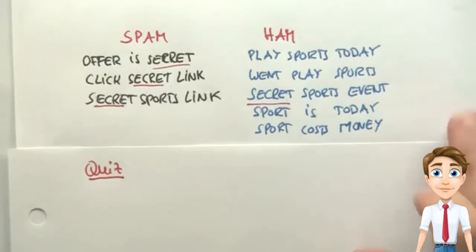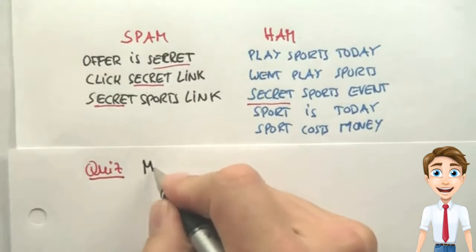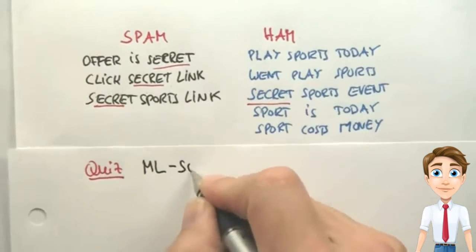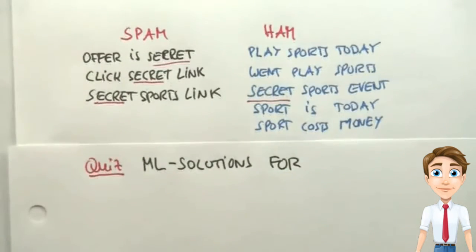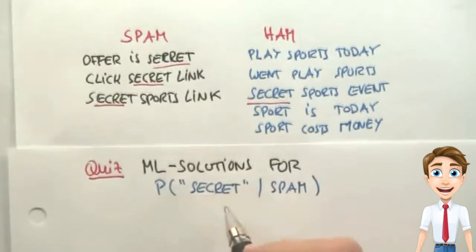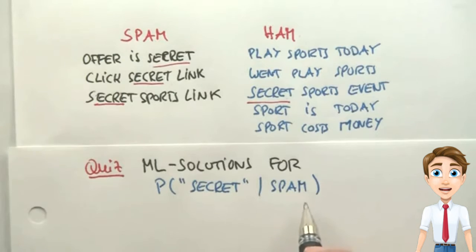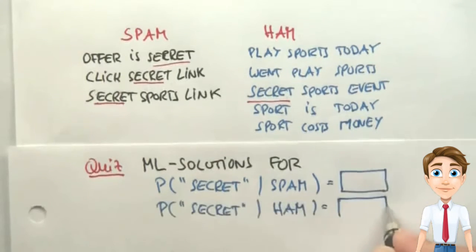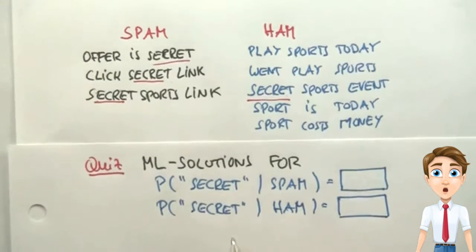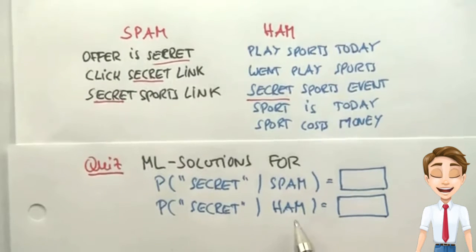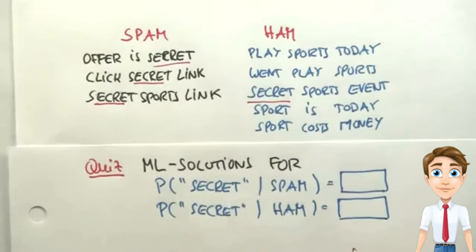So here's another quiz. I'd like the maximum likelihood solutions for the following probabilities. The probability that the word secret comes up, assuming that we already know a message is spam, and the probability that the same word secret comes up if we happen to know the message is not spam, it's ham.